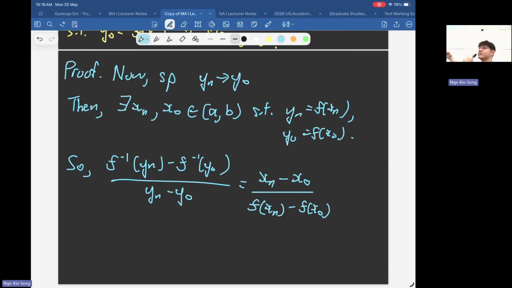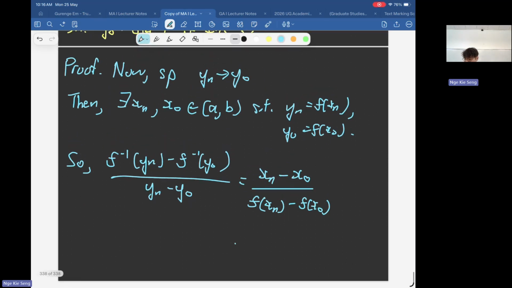Can you see that this is very similar to the derivative of f already? How is it similar? You can flip it. Good. If you flip it, you just get 1 over (f(xn) minus f(x0)) over (xn minus x0).